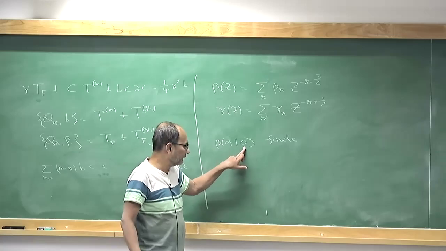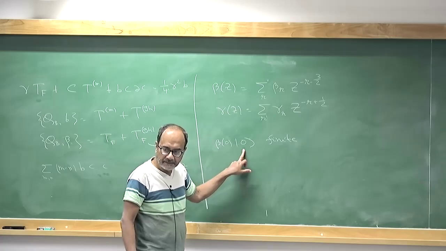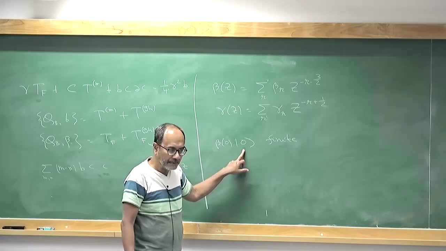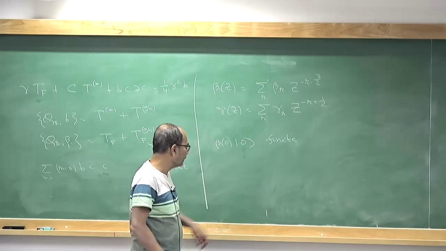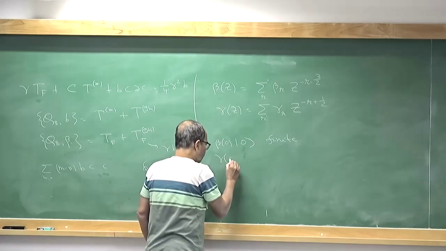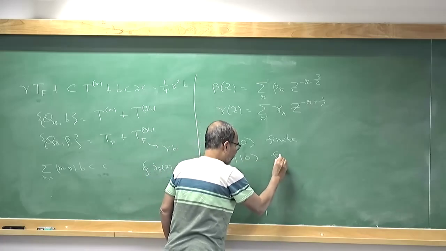If you had any other state, it need not be finite, because beta could have a singular operator product expansion with that vertex operator. But with the vacuum, it should be finite. Similarly, gamma of 0, because the vacuum is, of course, in the NS sector.